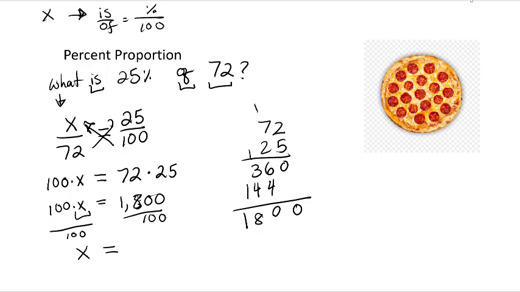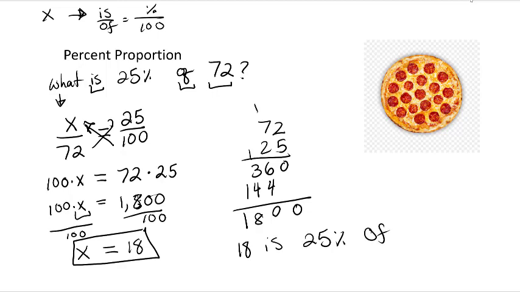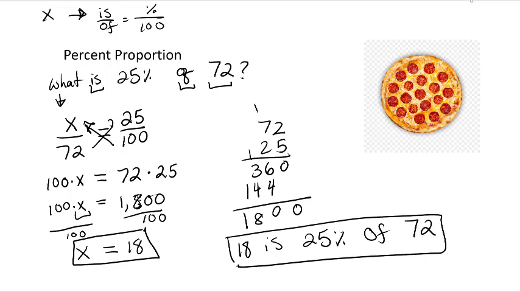Well, when we divide by 100, we just take away 2 zeros, so we have 18. So our result is x equals 18, but in a full sentence, we can say that 18, which is our is, is just 25% of 72. And this is a full answer to the question.